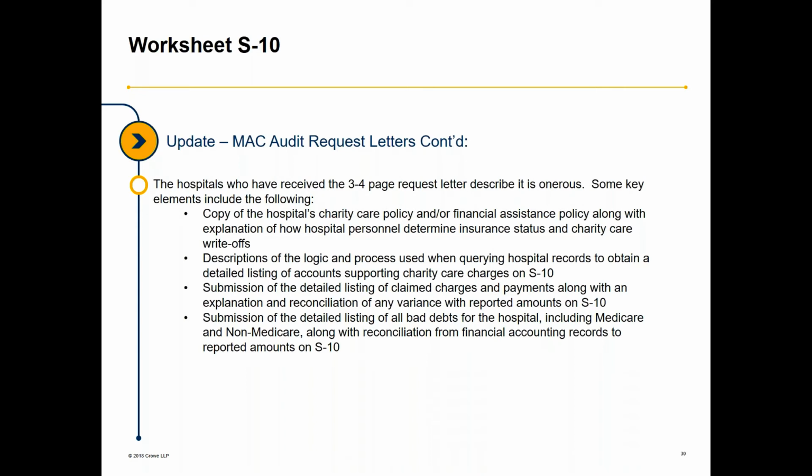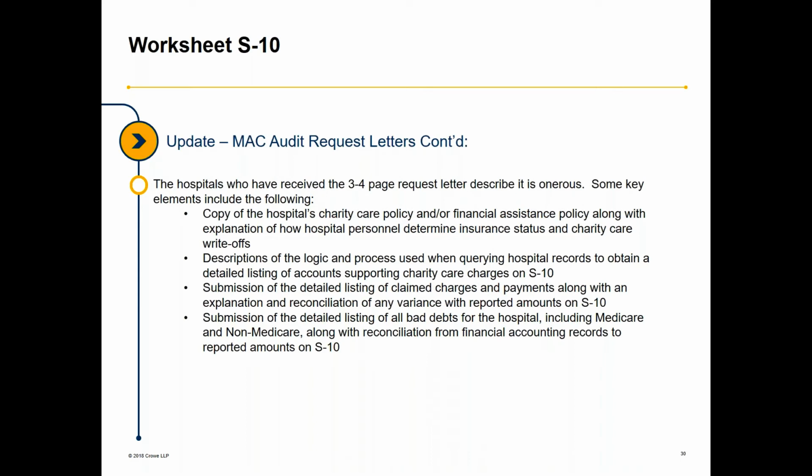Some of the things that we've seen being asked for are charity care policies and financial assistance policies. They're making sure that you're following your policies, and that whatever's being included in your charity care matches what your policy says.